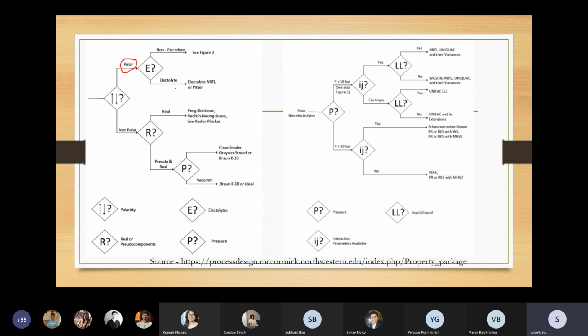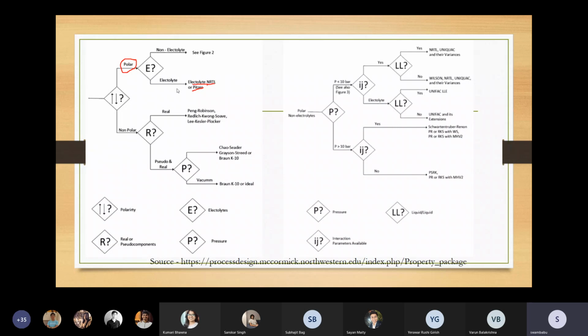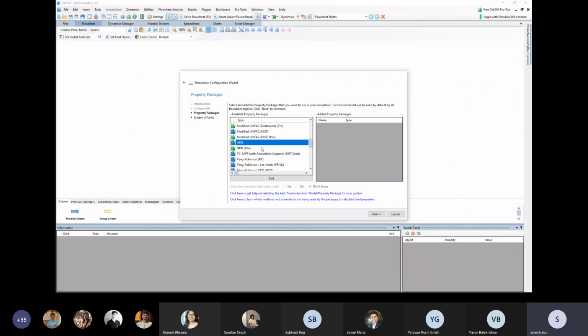If they are electrolytes, then we have to use the electrolyte NRTL property package, or Pitzer. So here you can see polar, electrolyte, NRTL electrolyte. We need to select this property package.